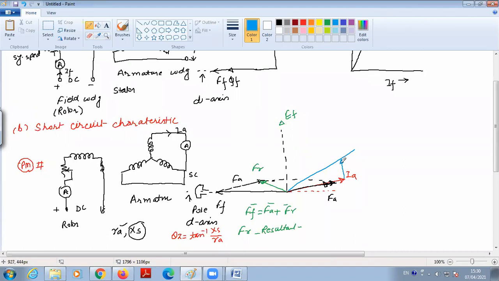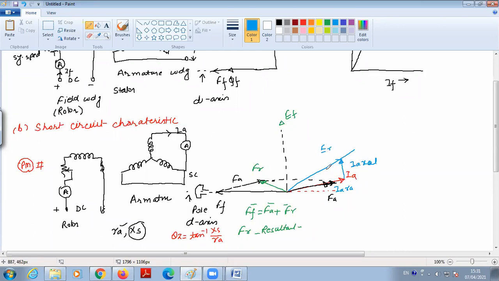So this much part is the IaXs synchronous reactance, or it may be the XL leakage reactance, isn't it? And there is the armature resistance also. So this will produce IaRa armature resistance plus synchronous leakage reactance, and this value is Er, the resultant voltage.